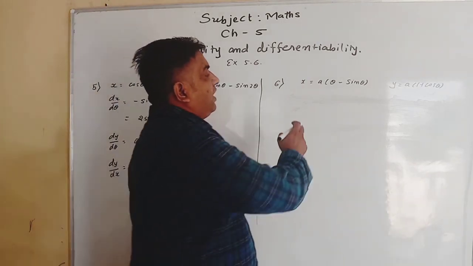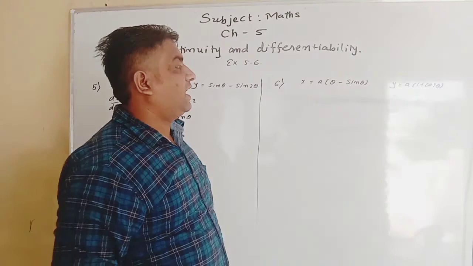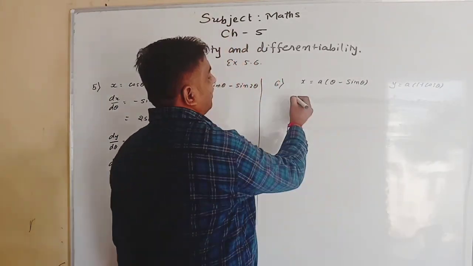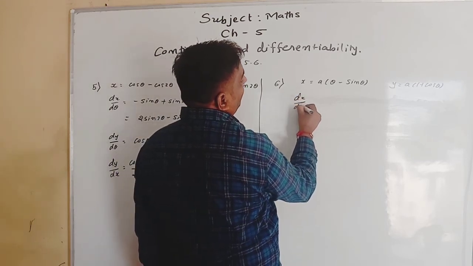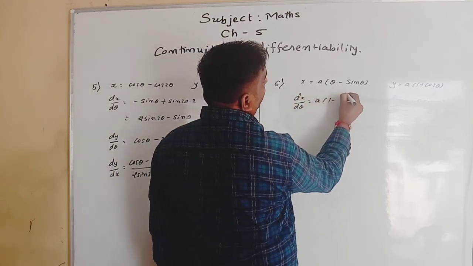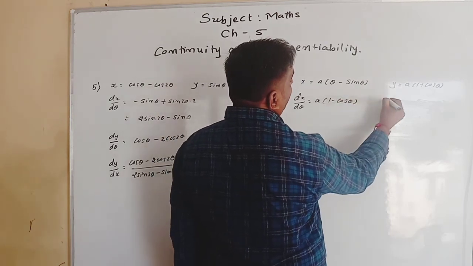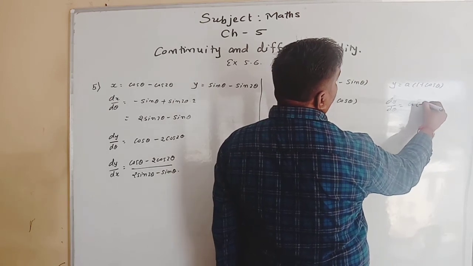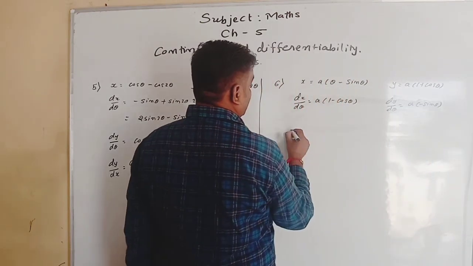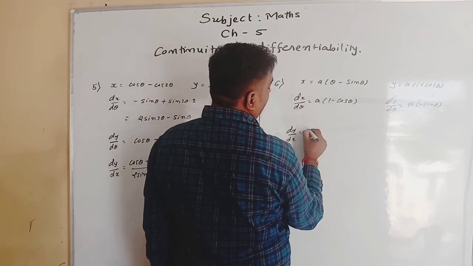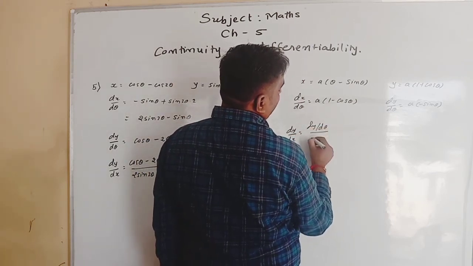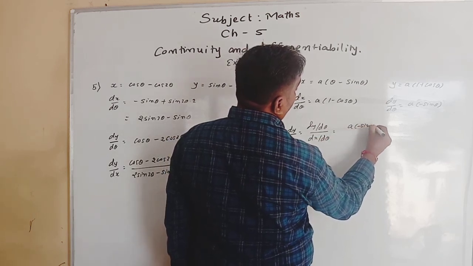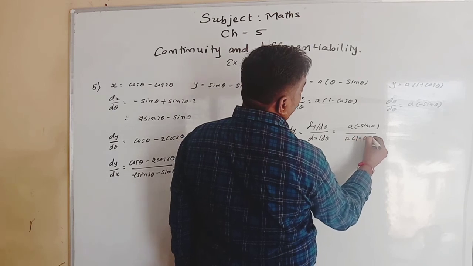Now sixth question, we have x equals to a theta minus sin theta and y equals to a 1 plus cos theta. So with respect to theta we differentiate, that dx by d theta equals to a 1 minus cos theta, theta differentiation is 1 and sin theta differentiation cos theta, and dy by d theta equals to a, cos theta differentiation is minus sin theta, and so dy by dx equals to dy by d theta upon dx by d theta, and so we can write a minus sin theta upon a into 1 minus cos theta.